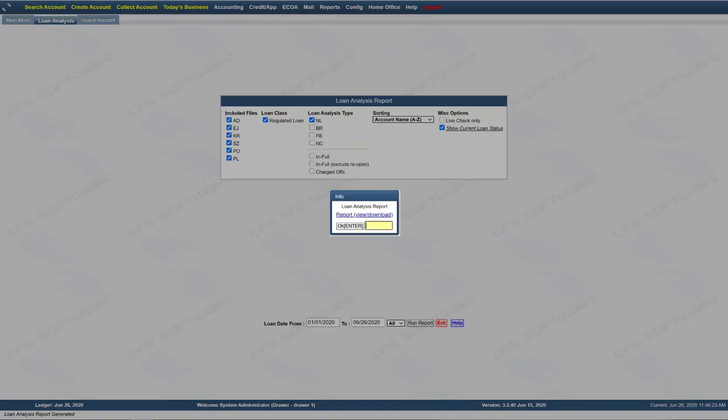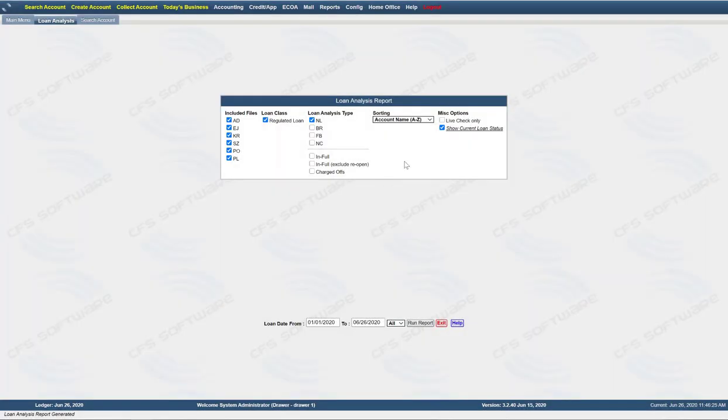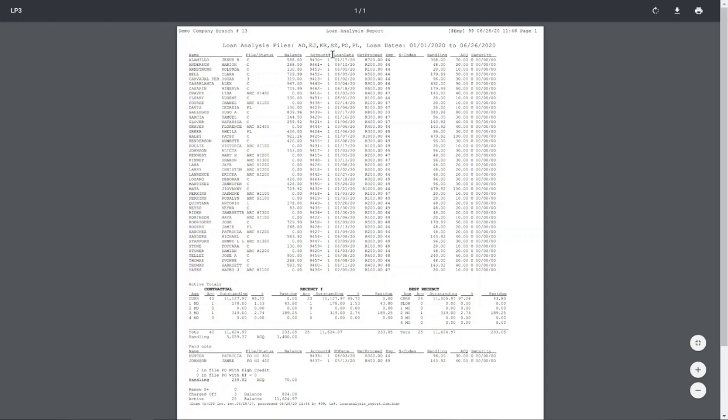And let's go ahead and go back. And in case that was confusing, let me uncheck show current loan status and run the report for new loans. And it's just the report for new loans of people from January till now, all the new loans, the first loan that was made to them.